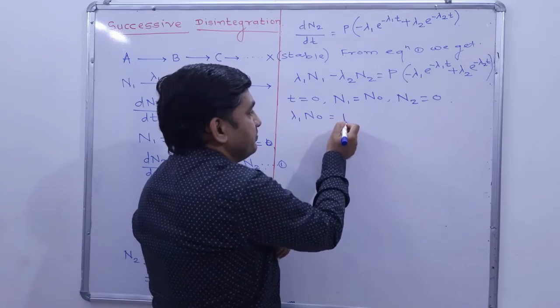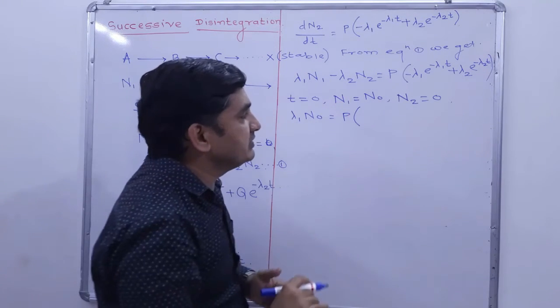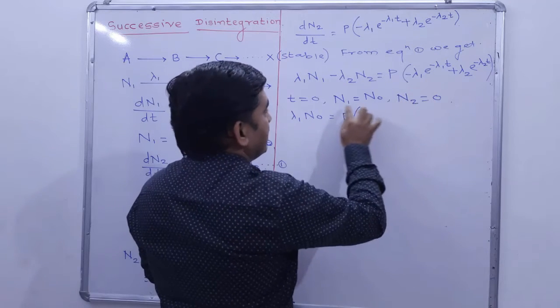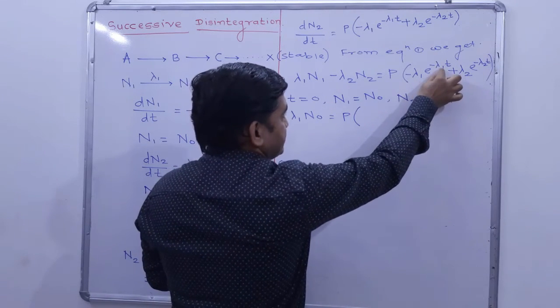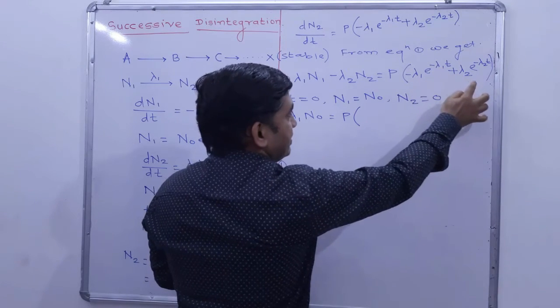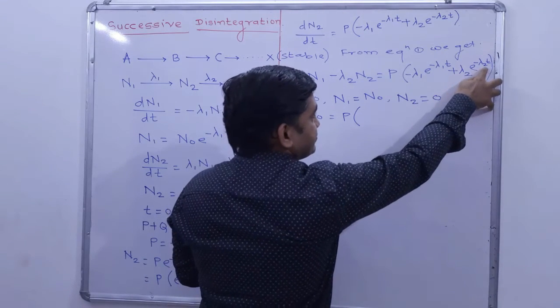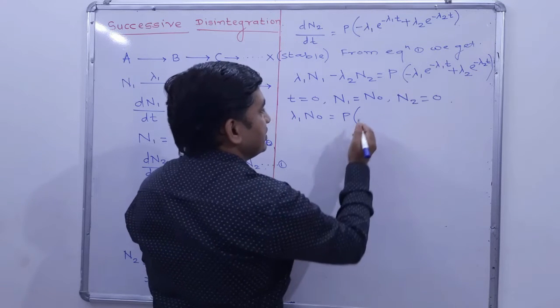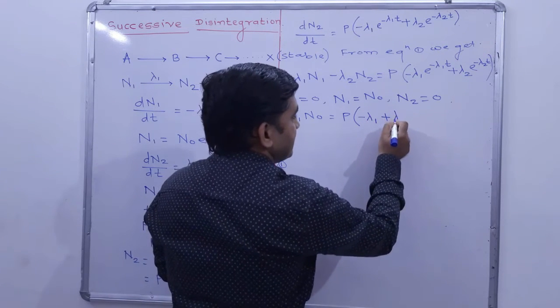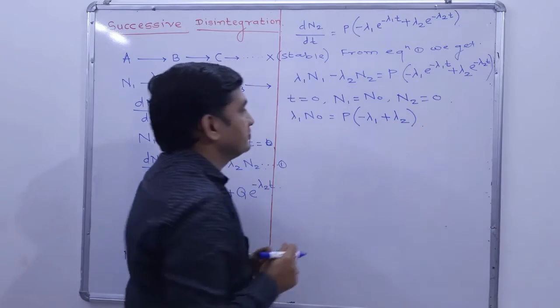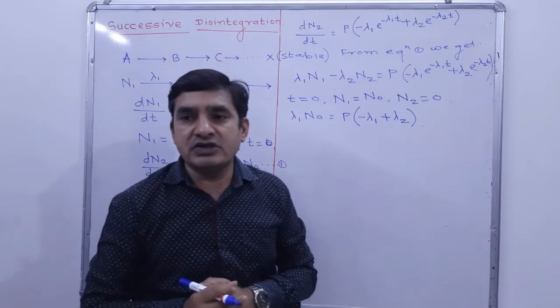So it is equal to p in bracket. Now t is equal to 0, so it becomes e raised to 0. E raised to 0 is 1. Here again e raised to 0 is 1. So here this term is lambda 1 plus lambda 2.